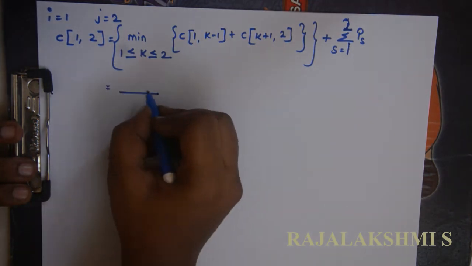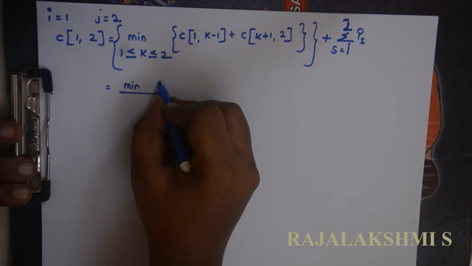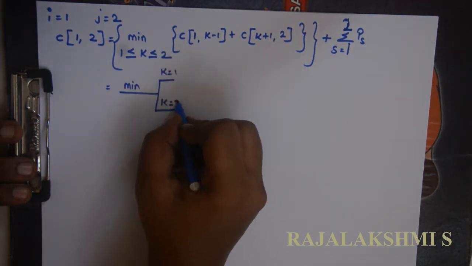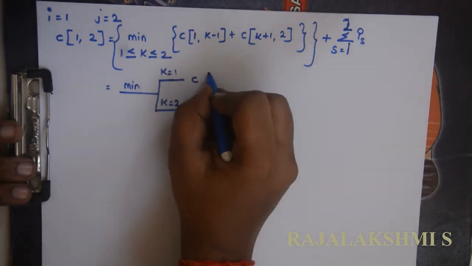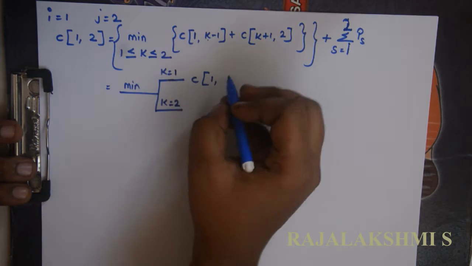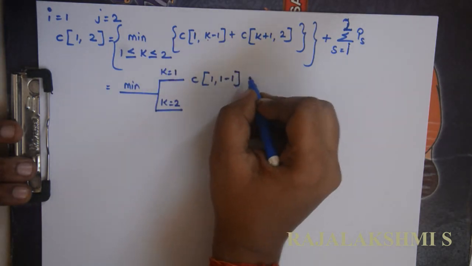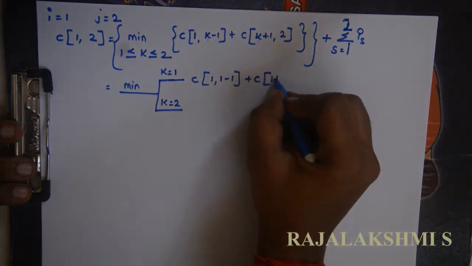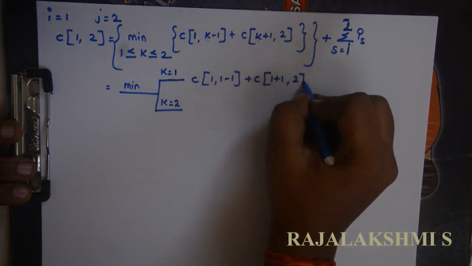So we will be having minimum over k is equal to 1, k is equal to 2, C of 1 comma, so instead of k I am substituting this 1, so it is 1 minus 1 plus C of, instead of k I am substituting 1, so it is 1 plus 1 comma 2.